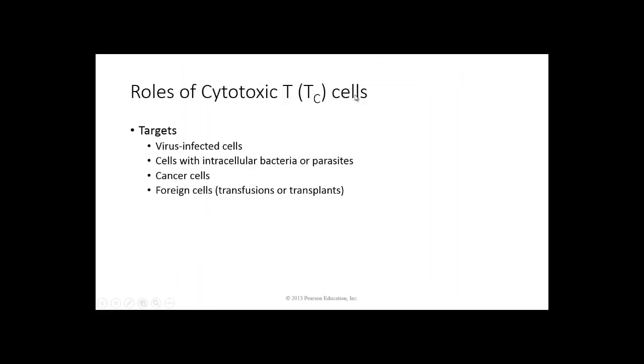So when you look at cytotoxic T cells, we're looking at virally infected cells, intracellular antigens. So intracellular antigens are destroyed by cytotoxic T cells. Cancer cells are considered foreign cells because the DNA is changed, and cytotoxic T cells can attack cancer cells.